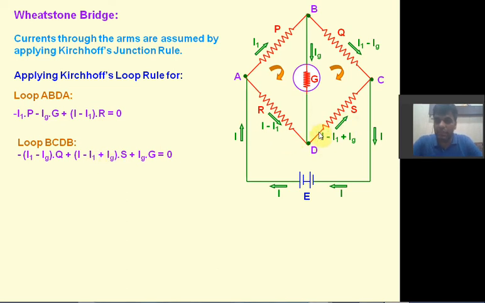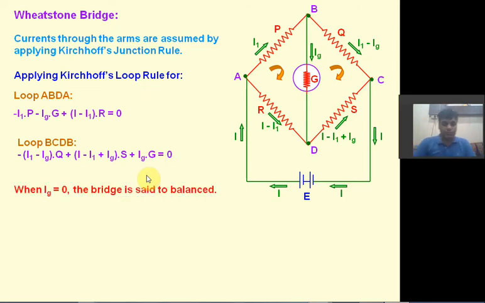The potential drop is I minus I1 plus Ig into resistance S. Again the current flows in the opposite direction, so the sign is positive, and along the galvanometer G we have Ig into G, and the sum is equal to 0.